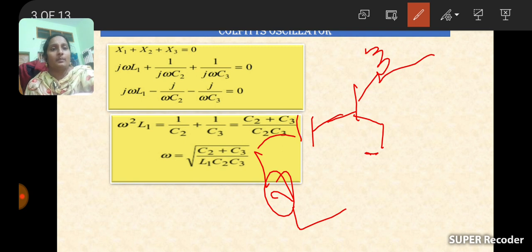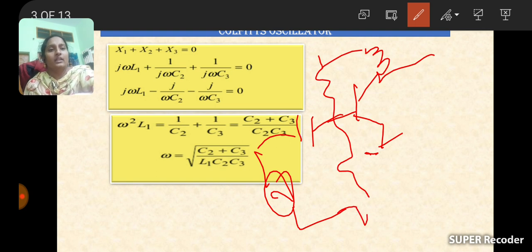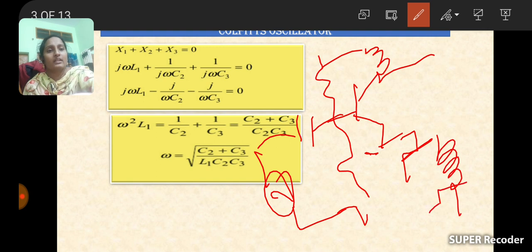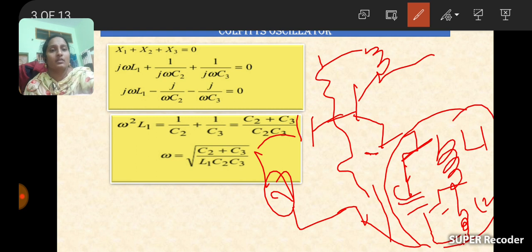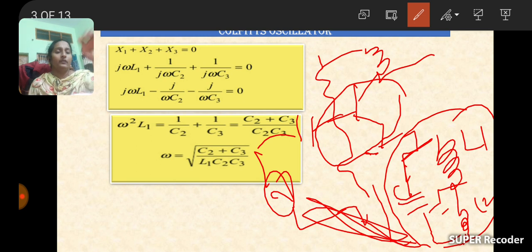Coming to the construction of the oscillator, the circuit is generally like this. It consists of two inductors connected in series, and they are connected in parallel with a capacitor, which is connected back to the transistor. L1, L2 and C form the tank circuit, this is the amplifier circuit, and this forms the feedback network.